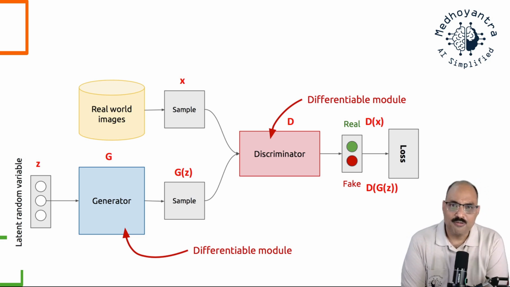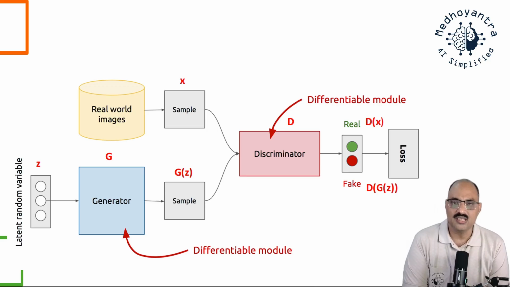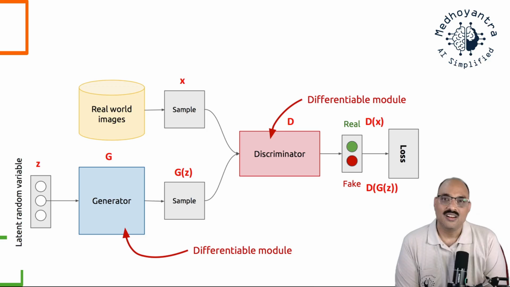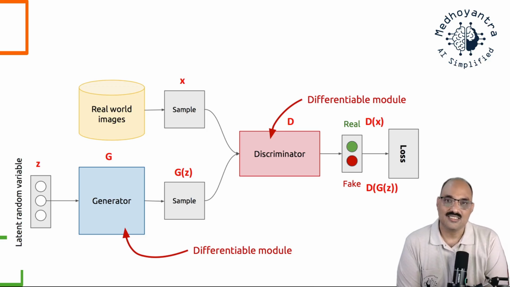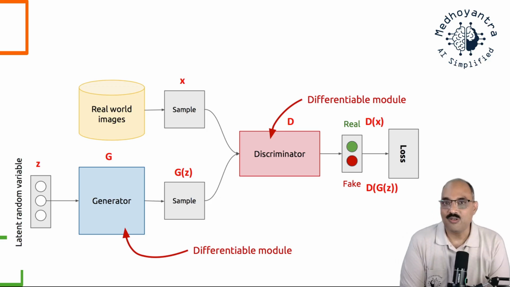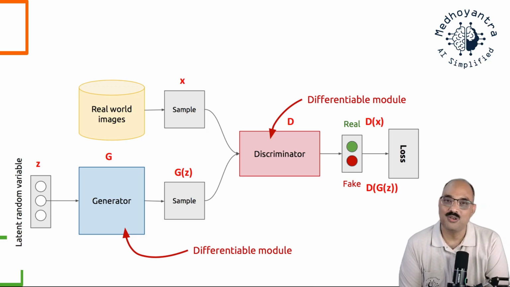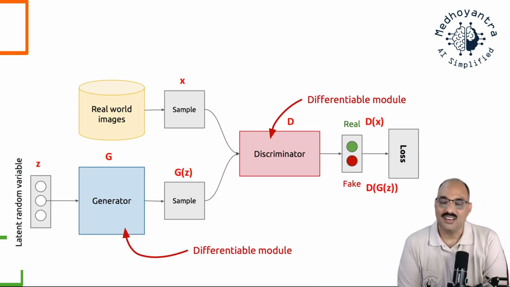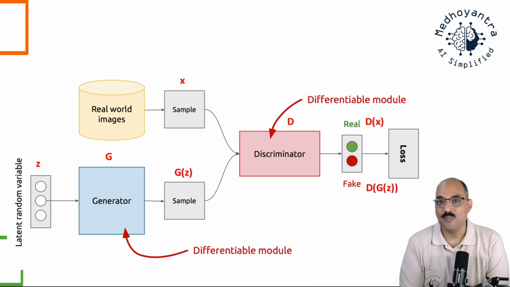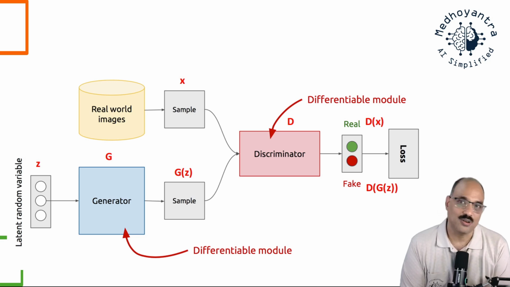Every time the generated image is identified by the discriminator as a successful fake, the generator gets trained again or gets the feedback. Otherwise, the discriminator gets feedback that look, you are not able to figure out a fake image. You have passed a fake image as an original image.